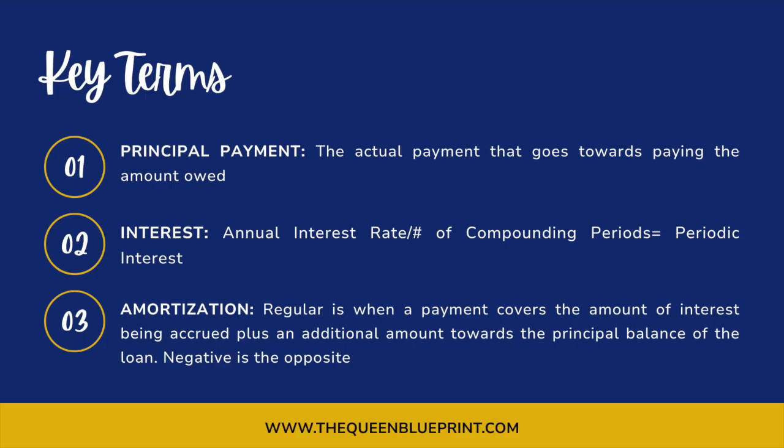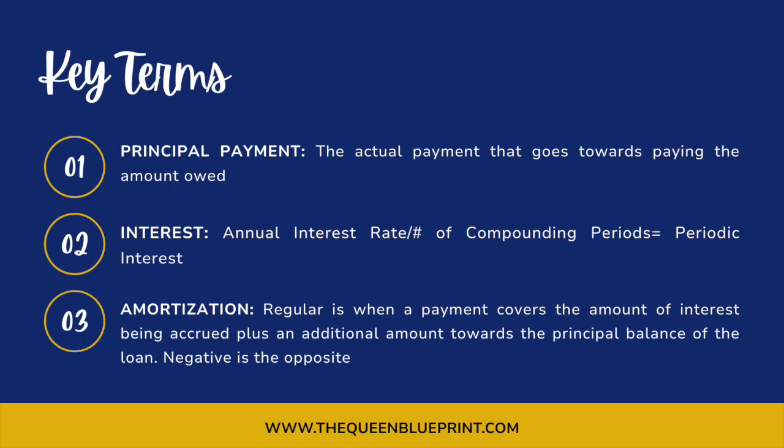Interest is the annual interest rate, which is dictated by your credit score. We talked about that yesterday, your credit score, right? Divided by the number of compounding periods, which equals your periodic interest. Okay? So I'm teaching you these words so that when you see them on your loan documents, you're not like, what is that?